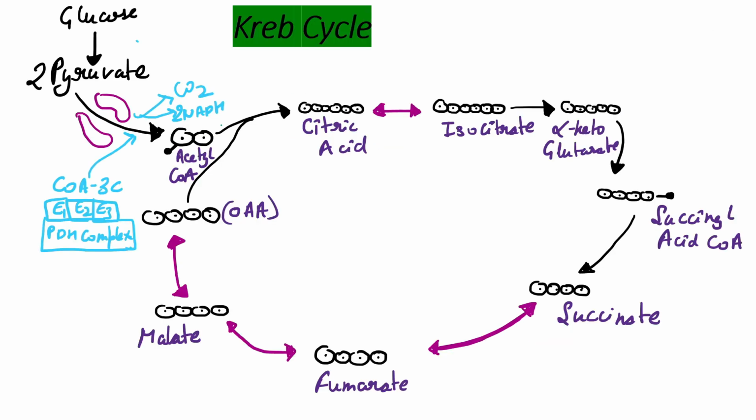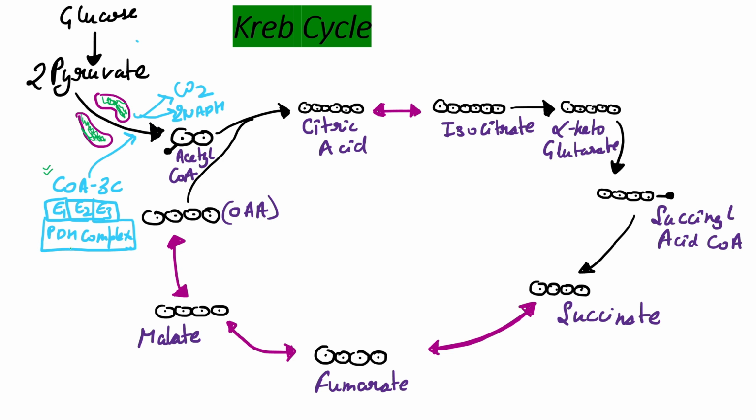As you can see in the figure, this is the channel which is present in the mitochondrial membrane, right? I haven't drawn the whole membrane, so you can figure it out. Now the pyruvate has entered and converted into acetyl coenzyme A. This is done by an enzyme, the PDH complex.